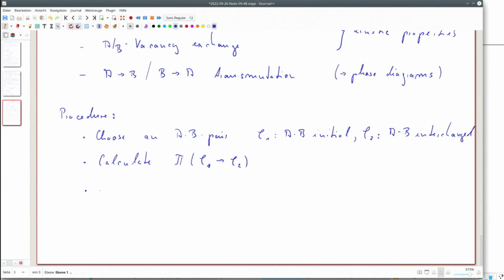And now it's where the randomness comes into play. You draw a random number between 0 and 1. And you do the exchange if this pi is larger than r.